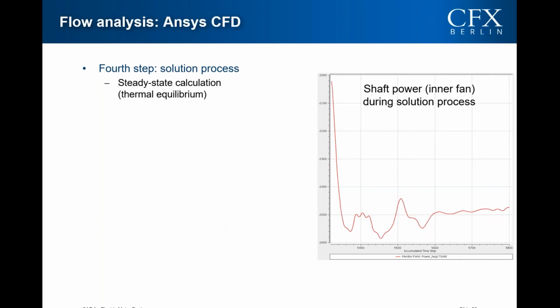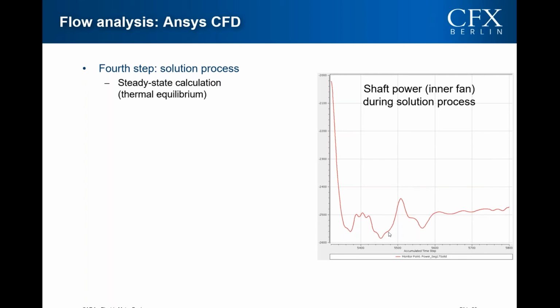Now that we have defined all physical parameters, it is time for the computer to do the number crunching. We are solving for the steady state solution, that is the state of thermal equilibrium. While the solution is progressing, we monitor the key output parameters of the simulation.